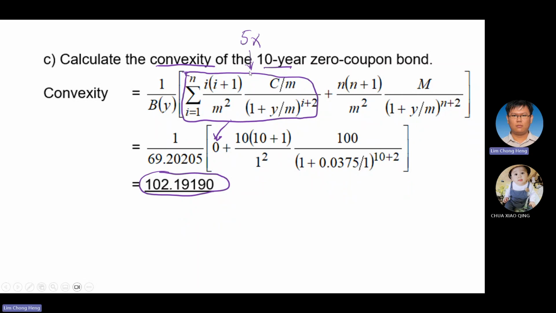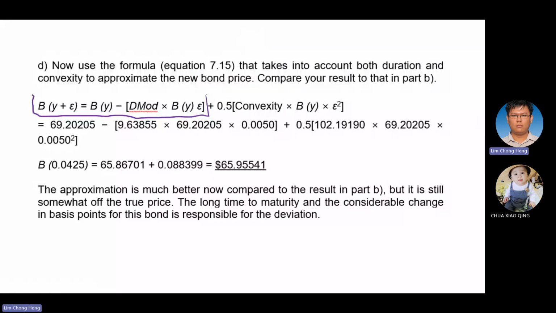Okay, so you have the convexity now. You need to substitute back to question B. You see this formula actually is just now the question B. This portion is question B. And then because of the overestimation, you need to adjust back the convexity.